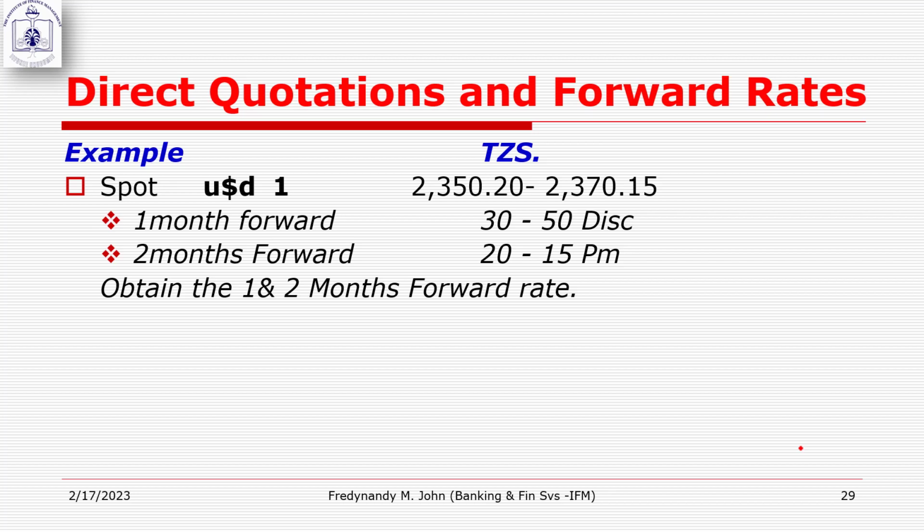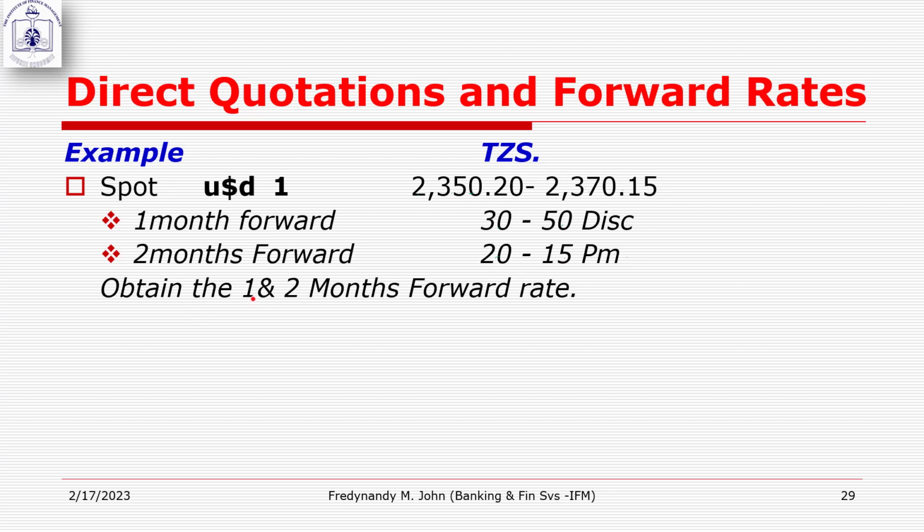In this example, 1 USD is equivalent to Tanzanian shillings 2,350.20 up to 2,370.15. Then we have 1 month forward rate, 30 to 50 discount, 2 months forward, 20 to 15 premium required.